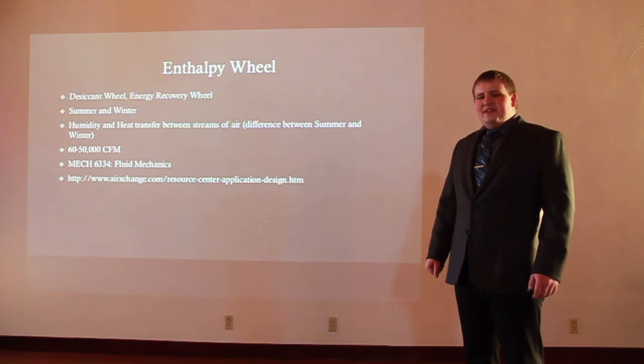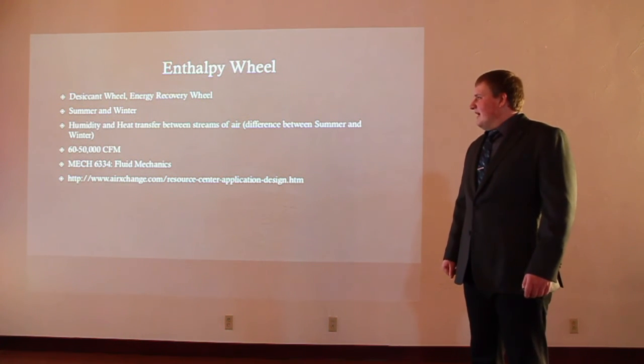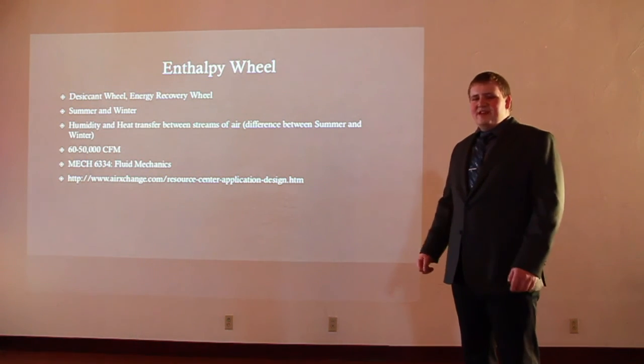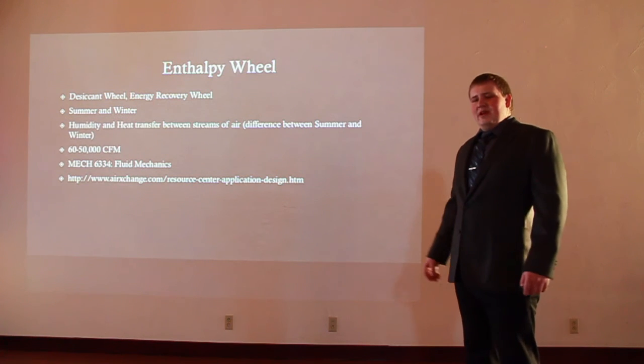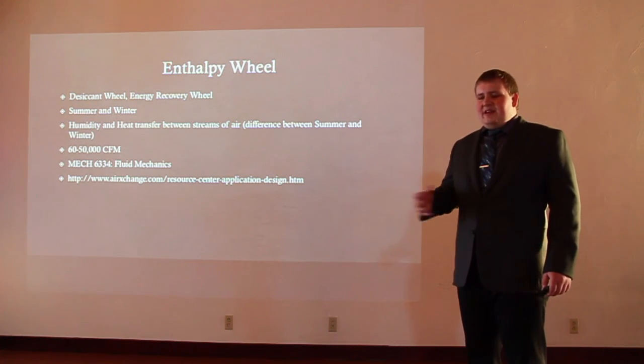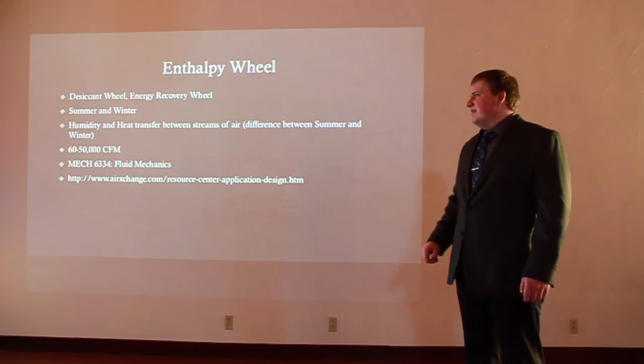And then the last type of energy savings would be an entropy wheel. This is also known as a desiccant wheel or an energy recovery wheel. What's unique about an entropy wheel that the other two techniques don't have is that they can be used in both summer and winter.